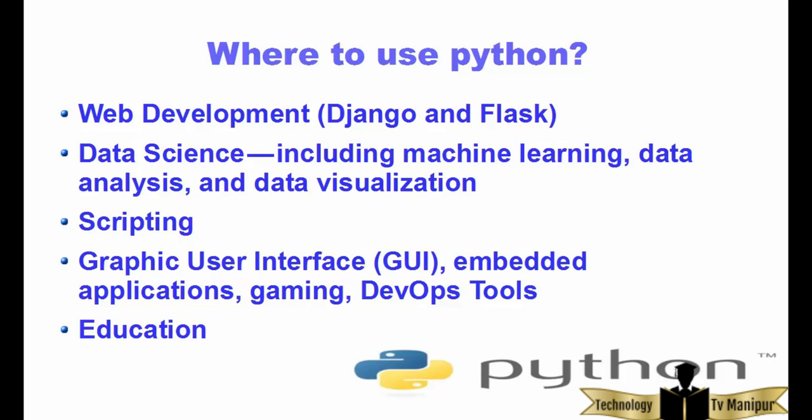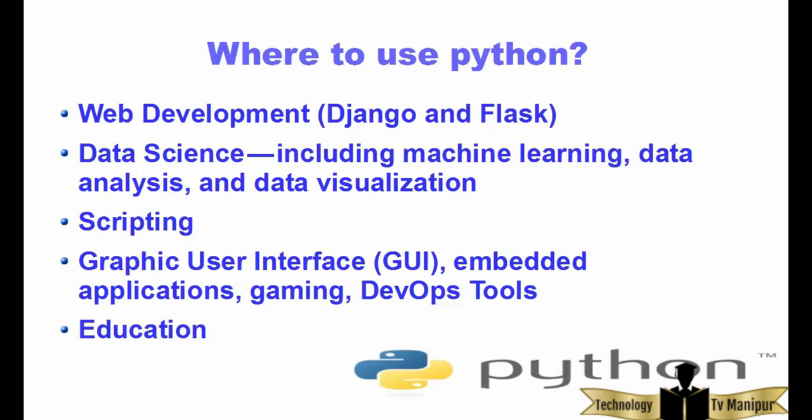It is used in many web development frameworks, for example, Django and Flask, which are very popular for web development. Python is also widely used in scientific computing, data mining and machine learning, and continued growth and demand for machine learning developers are driving the popularity of Python, and Python is used as a scripting language.